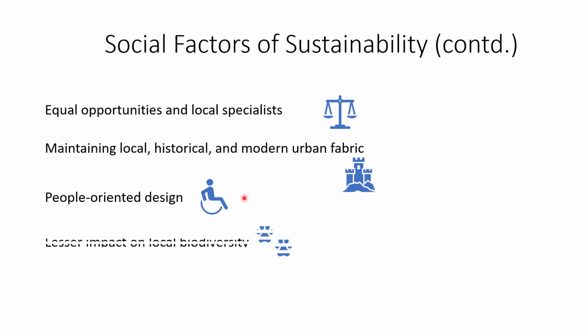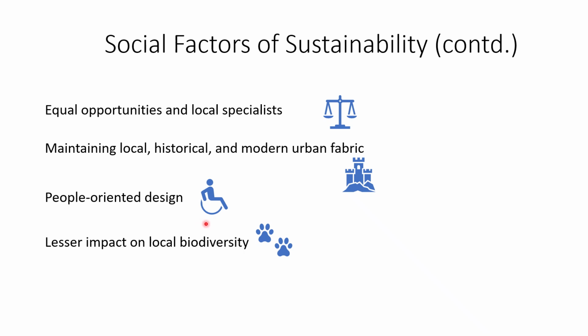Next is lesser impact on the local biodiversity. That biodiversity includes the trees, the animals, the plants, everything inside your site. Now there have been many good designs where people have included the local trees inside the building. They didn't cut all the trees and plants, but they built their project around them.